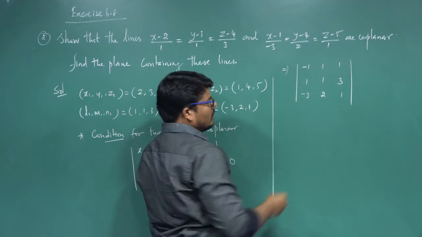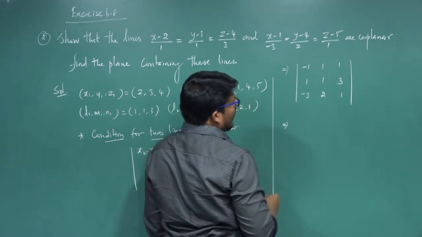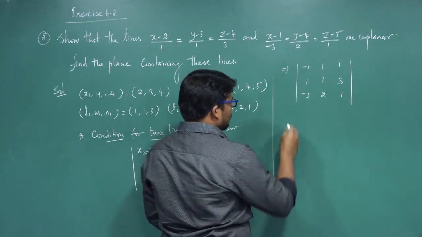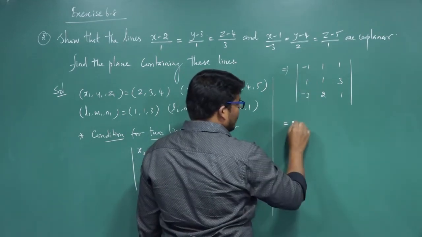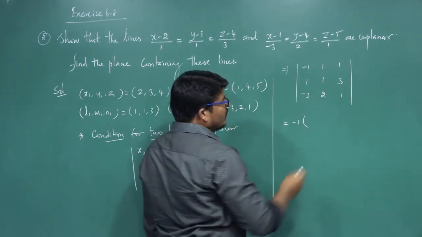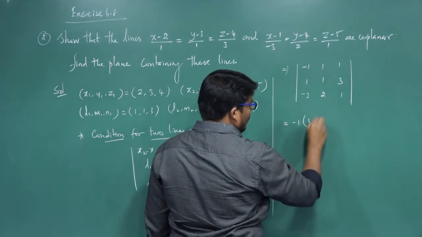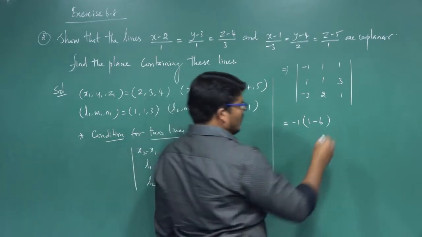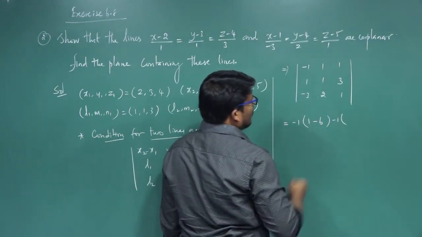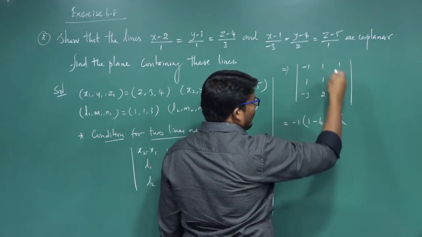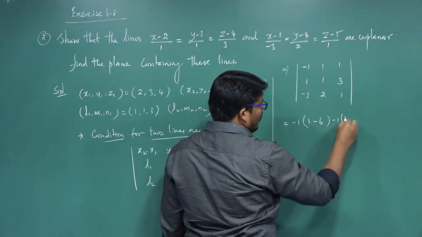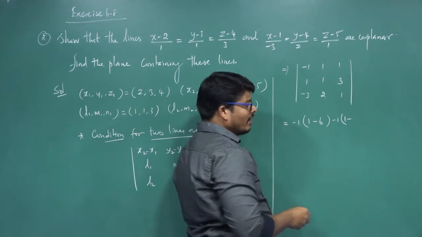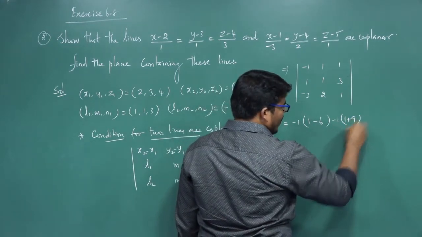Now check the result. Taking the element minus 1 into 1 into 1 is 1 minus 3 into 2 is 6, minus 6. Eliminating its row and column gives the minor matrix: 1 into 1 is 1, minus 3 into 3 is minus 9, so minus 9.